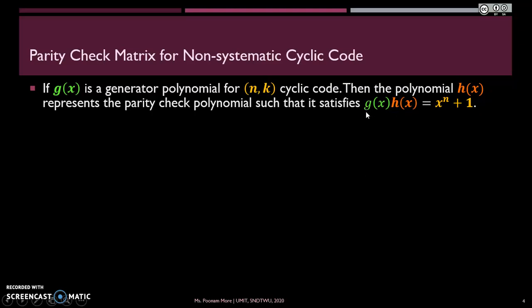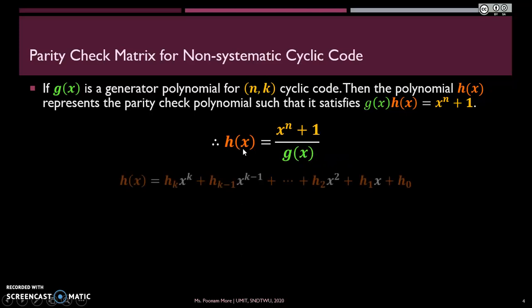The relation states that the product of the generator polynomial with the parity check polynomial should be equal to x raised to n plus 1. So by rewriting this equation, we can find h of x. h of x is nothing but the division of x raised to n plus 1 by the generator polynomial. The quotient of this division is nothing but h of x.